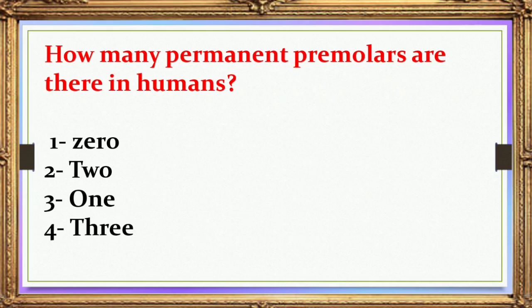So please be very careful while marking the sheet. So the answer is 2. We have 2 permanent premolars. So just remember the formula of 2123 upon 2123, and for the deciduous one it is 2102 upon 2102.